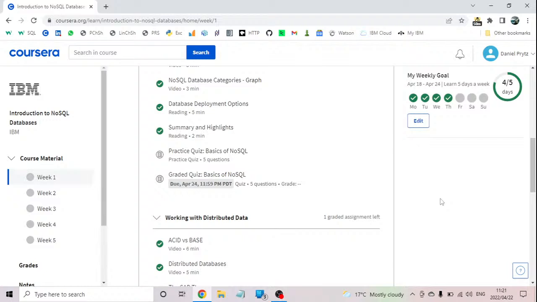Consistent means it must be done over and over again, I guess. Consistent means one change must be reflected in the data. Isolated means one transaction done while another is happening can't affect anything. Durability.